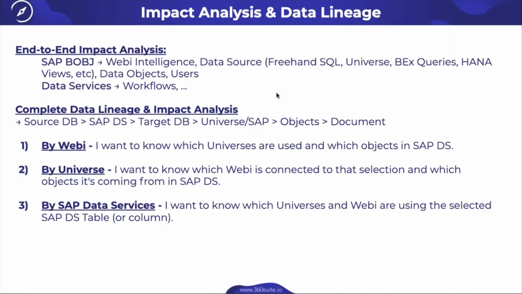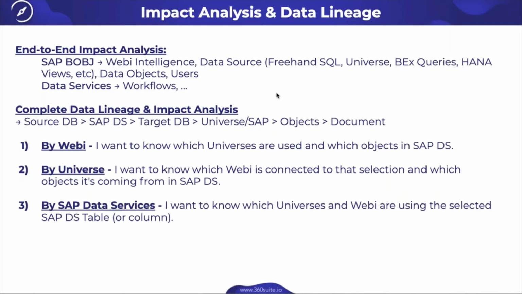So this was the impact analysis and data lineage. This was the one that was selected, the highest selected on that poll that we just did. Being able to have the source database information all the way to the document and see that full lineage, you do need 360 Eyes for the universe and document components.